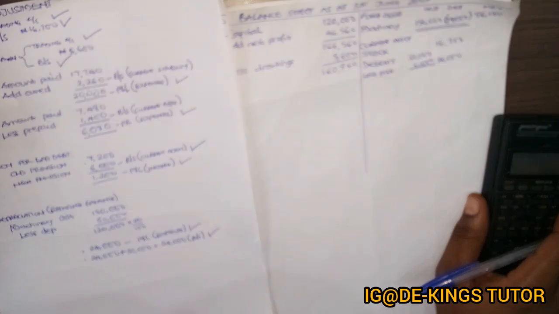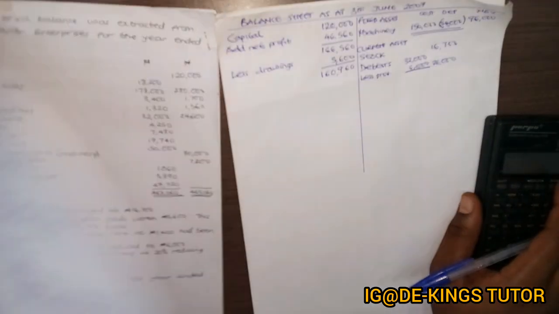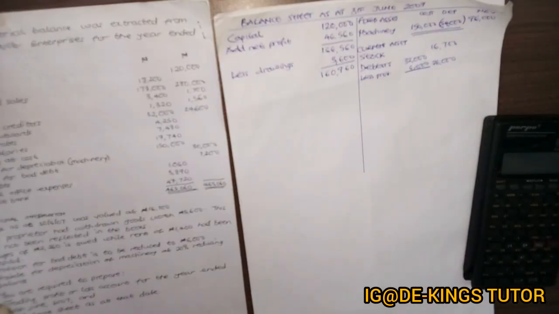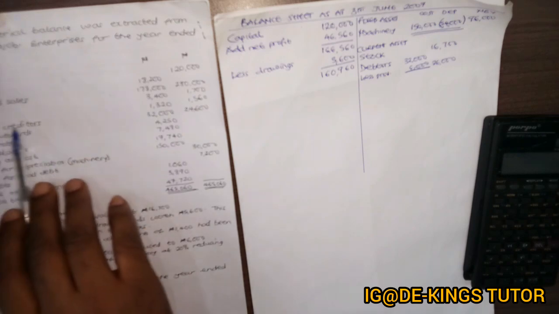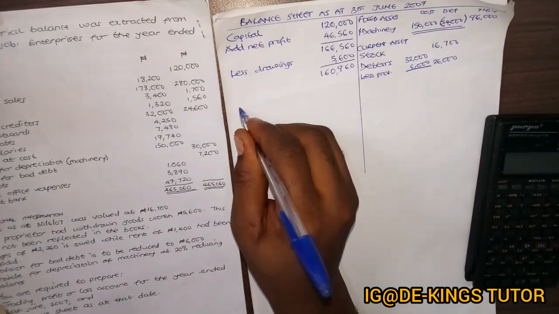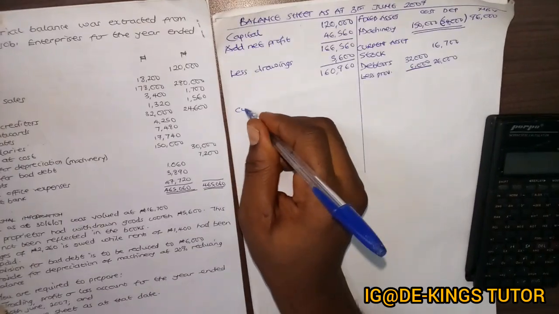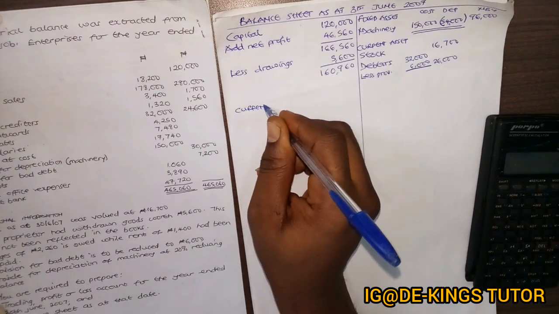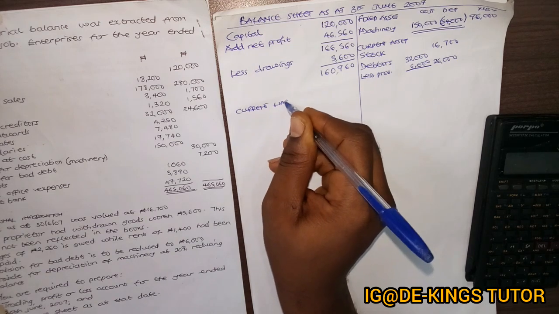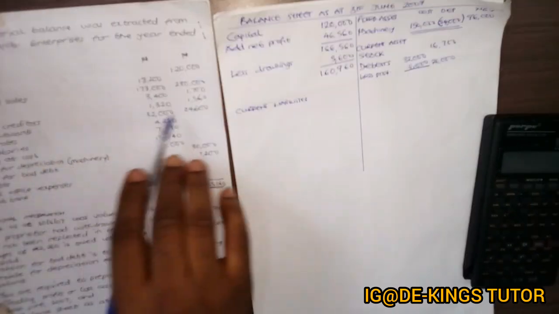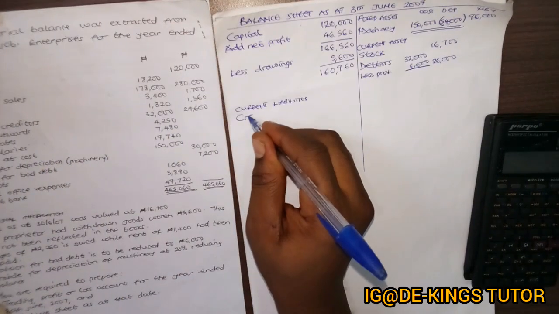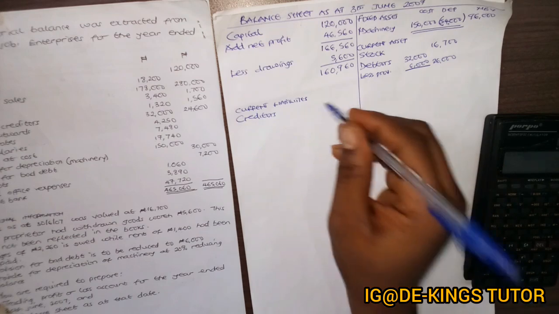Now let's prepare the current liabilities so that I can post it as soon as possible. We have the creditors there, 24,600.